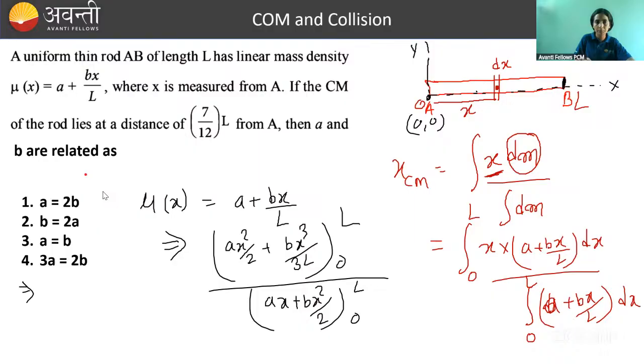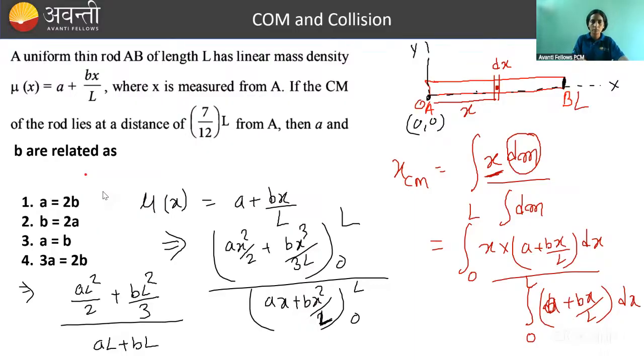So this is a L square by 2 plus b L square by 3, because one L square will cancel, divided by a L plus, okay, there was an L here, this is not 2, this is L. So that is b L.